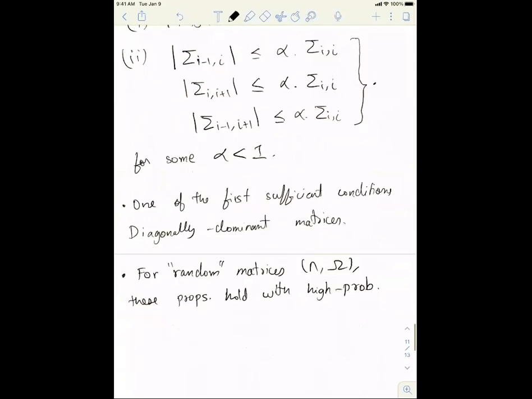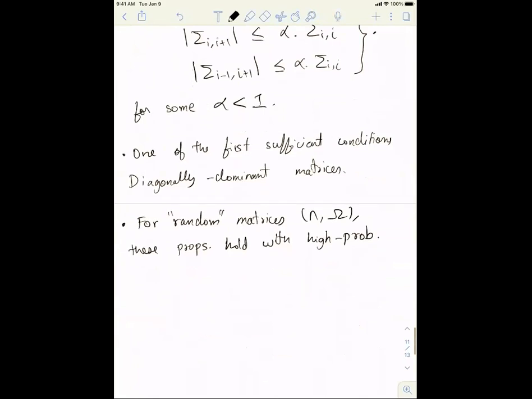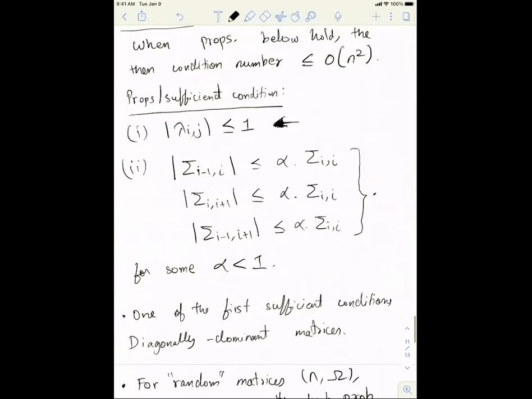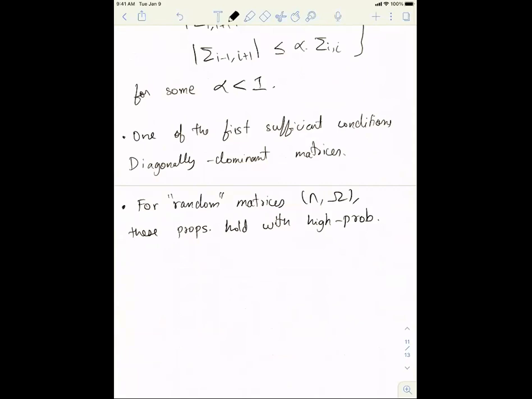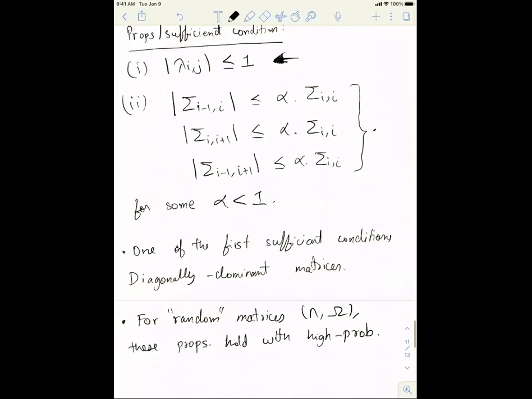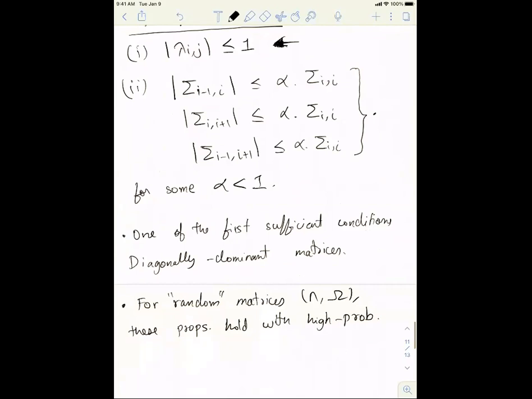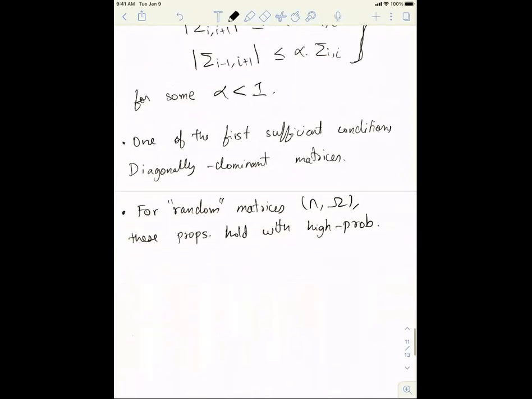The figure I showed actually violated this property. So here the random matrices satisfy this property, and then we show that such matrices satisfy this property with high probability, and therefore such instances are well conditioned.